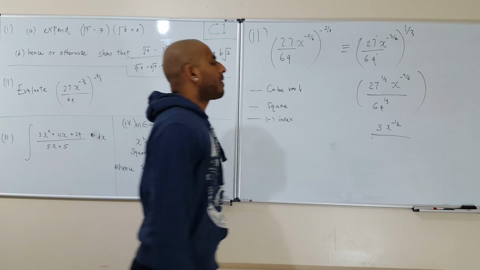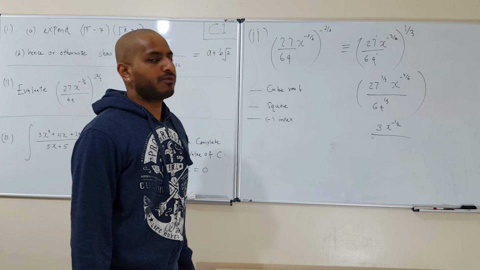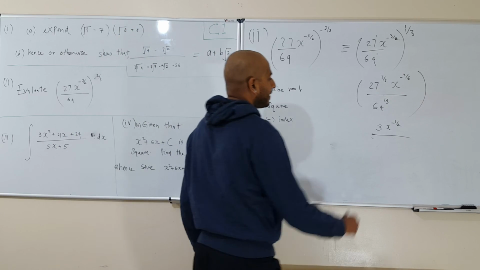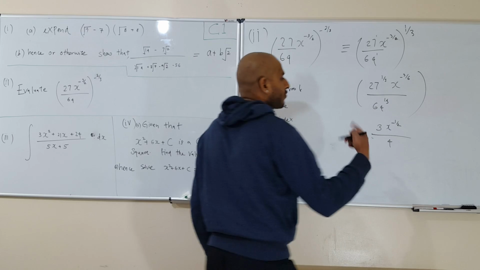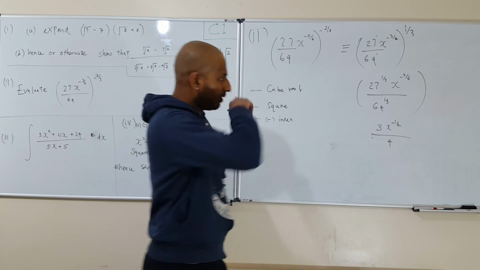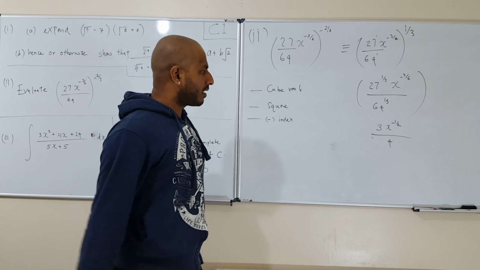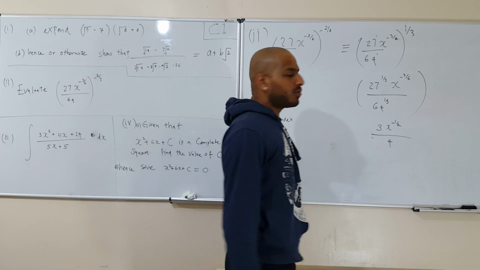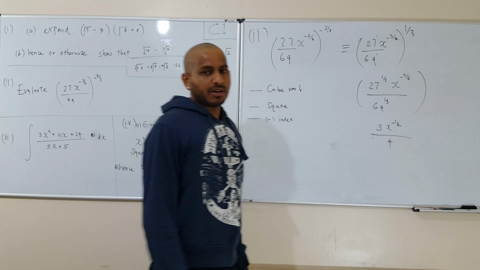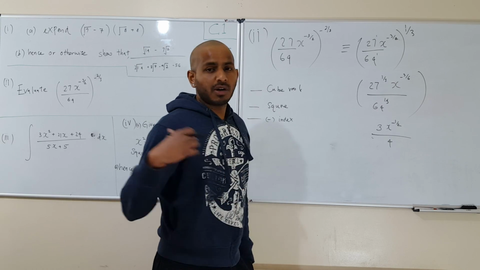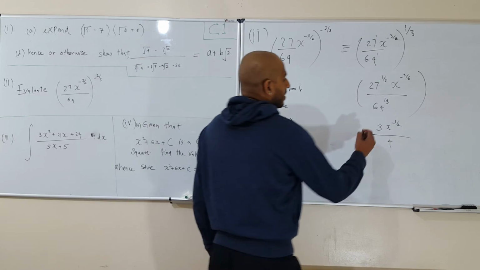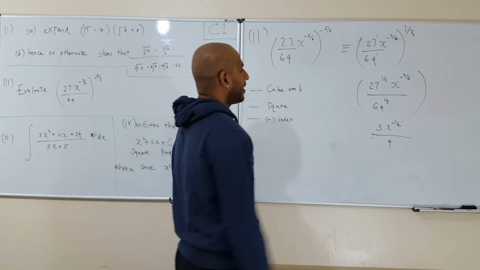The cube root of 64 is 4, because 4 times 4 times 4 is 64, and 3 times 3 times 3 is 27. As you do more questions, you will remember certain stuff, because in C1 you can't use the calculator anyway. Right, operation 1 is done now.